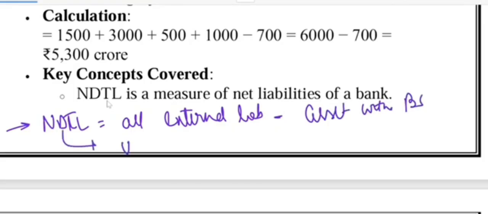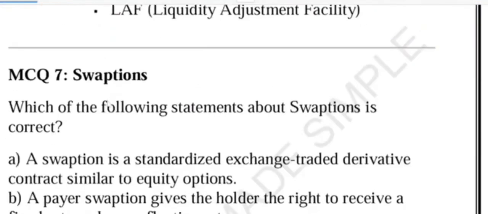And this is a quite useful technique for calculating CRR, SLR, LAF, liquidity, etc. Deposits with other banks are excluded, I told you. And this concept is very important in monetary policy and regulatory compliance. So whenever you see NDTL in a banking system, remember, it is what the bank owes to the outside world after removing its own money parked with other banks. I hope you have mastered the concept of NDTL using this explanation.